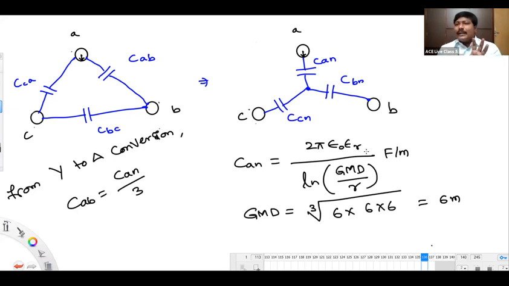Only the capacitance value will change because of the change in GMD by R. Because that is inside the natural logarithm, we may not expect a great variation. So for any single circuit three-phase transmission line, capacitance per phase or per conductor will be around 10 nanofarad by kilometer.